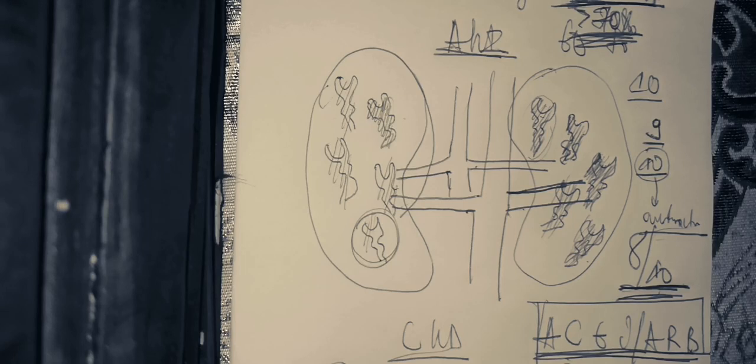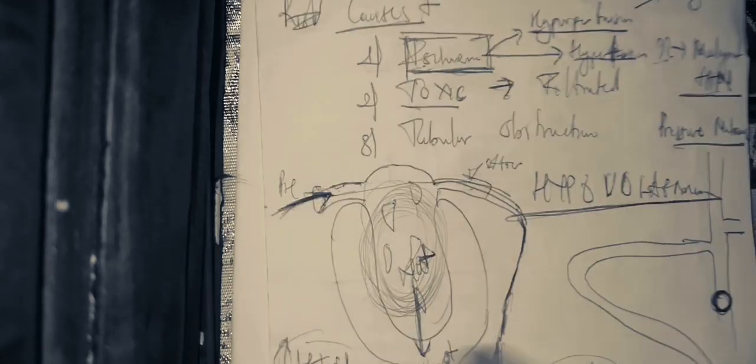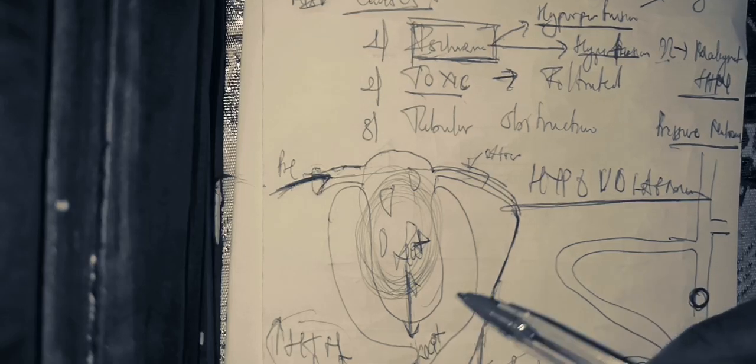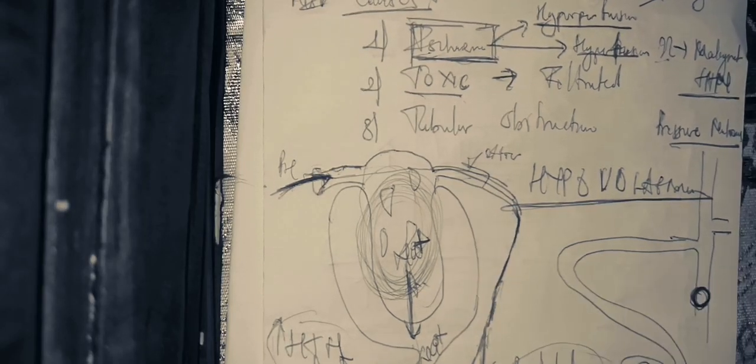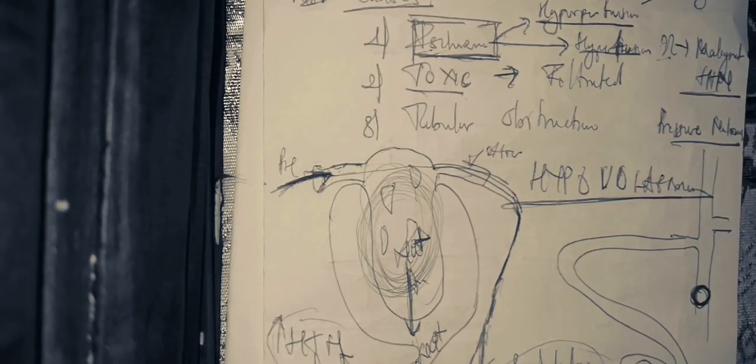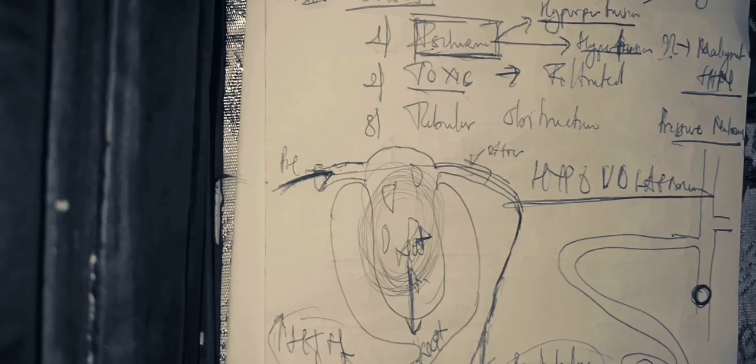In acute kidney injury, the 9 nephrons are not dead, they are only damaged. So using an ACE inhibitor in that case is going to worsen the damage because it's going to prevent again the filtration of those nephrons. That is going to completely destroy the nephron and not just damage the nephron.